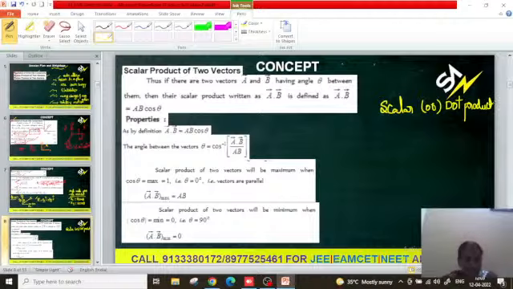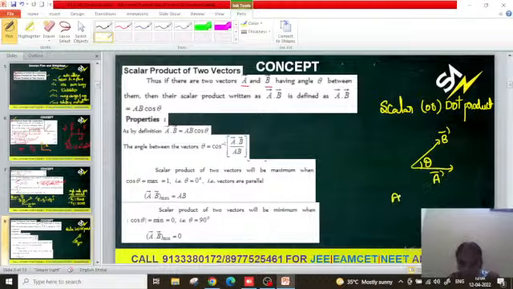If there are two vectors A bar and B bar having angle theta between them, let me show here vector A bar and another vector B bar having an angle between them. The angle between them is theta.